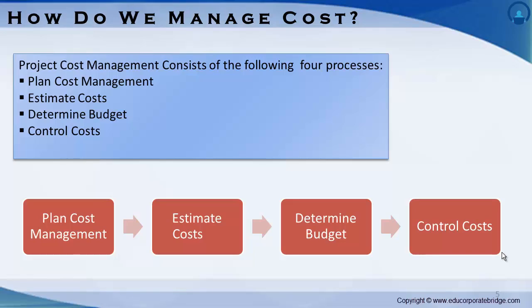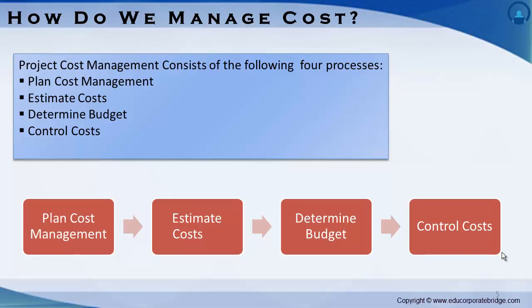Second, estimate costs. It is the process of developing an approximation of the monetary resources needed to complete project activities. Third, determine budget. It is the process of aggregating the estimated costs of individual activities or work packages to establish an authorized cost baseline. Fourth, control costs.